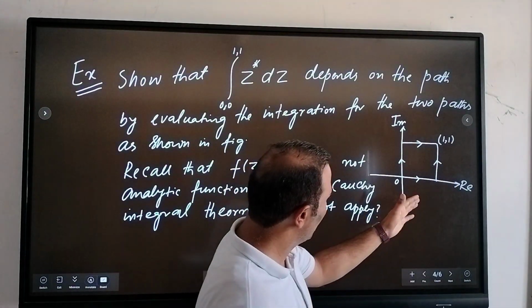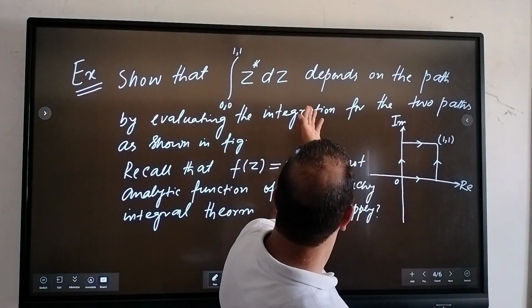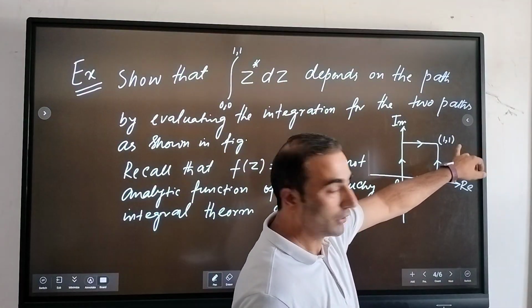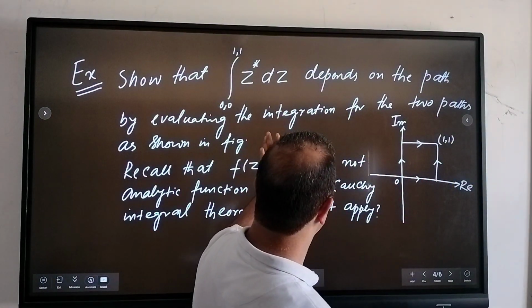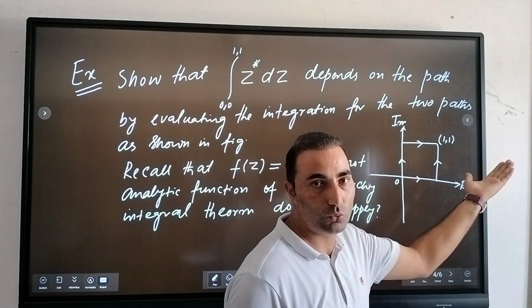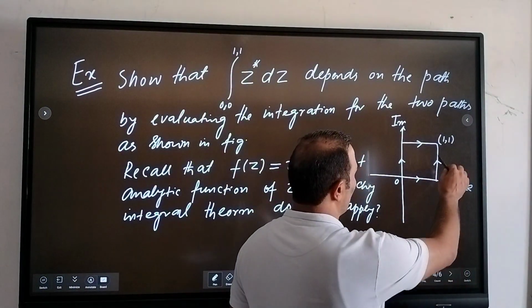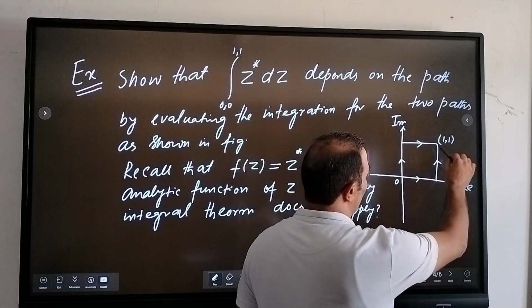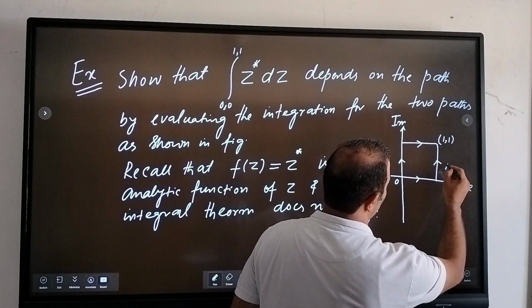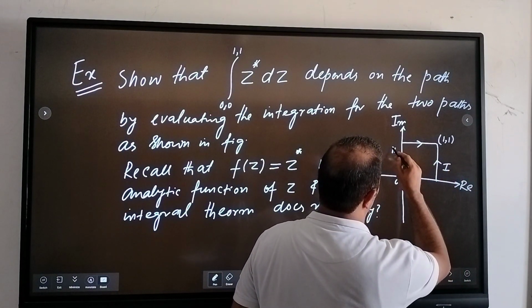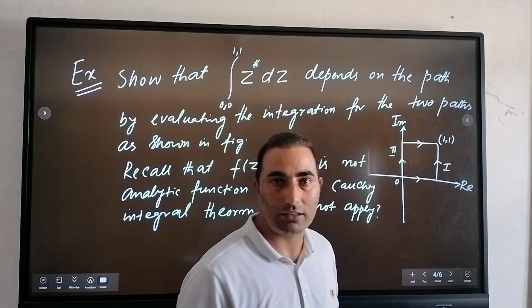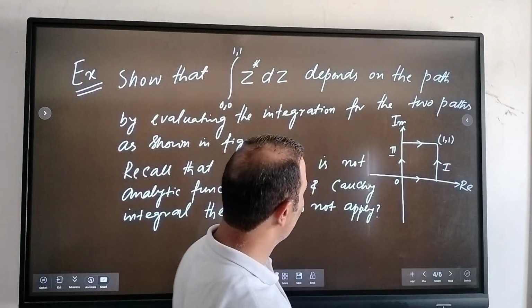We need to evaluate it with limits going from 0 to 1, right? And in the integration you are taking two different paths. You can choose two different paths to go from this point to that point. Either you go through path number one, or this is our path number two. So you can go this way or you can go that way, right? In both cases you can calculate that integral.